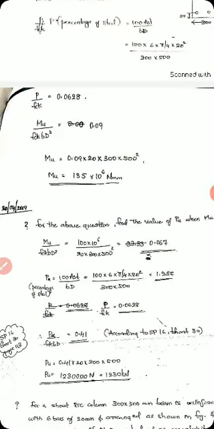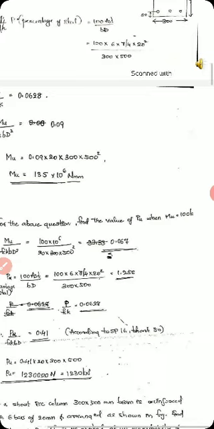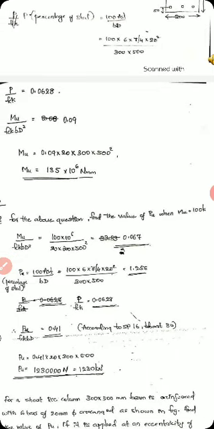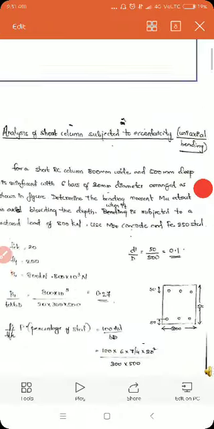In this same problem, if we are given only the value of Mu, then we have to find out the maximum factored load Pu in the same way. Here, for the above question, find the value of Pu when Mu is equal to 100 kilonewton meter. First of all, we have to find out the value of Mu by fck bD square and p by fck.